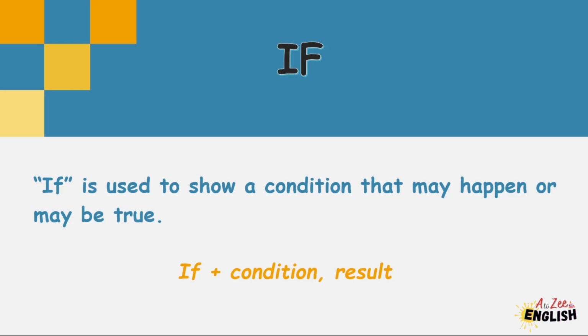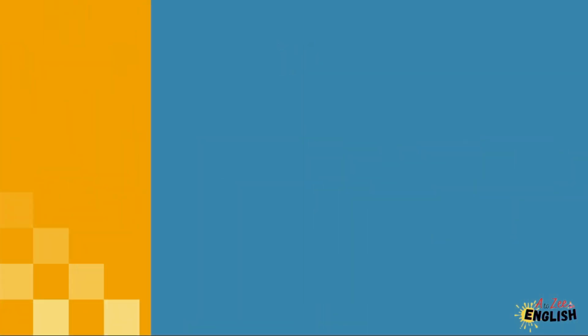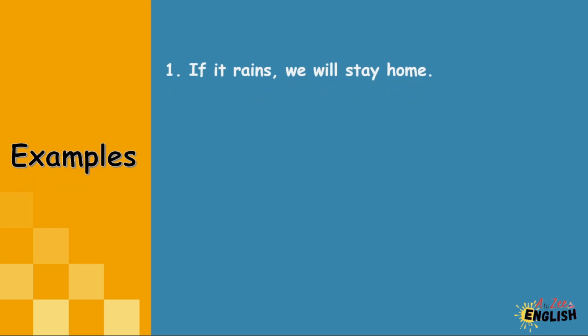Let's understand it by examples. First example, if it rains, we will stay home. It's a first conditional, meaning possible future. If it rains is a condition and we will stay home is the result or the consequence of the condition.